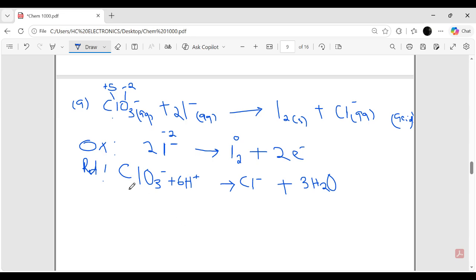So now, when you go to the reduction reaction and calculate the overall, here you have 1 and here you have 6. So it's 6 times 1, so it's plus 6. Then here you have -1.